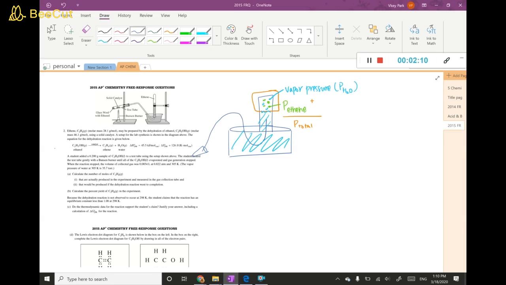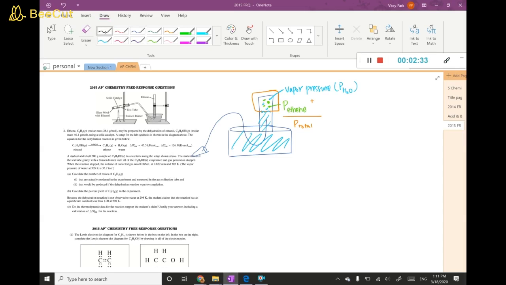The student heated the test tube gently with a Bunsen burner until all of the ethanol evaporated and gas generation stopped. When the reaction stopped, the volume of the collected gas was 0.0854 liters at 0.822 atmospheres and 305 Kelvin. The vapor pressure of water at 305 Kelvin is 35.7 torr. Calculate the number of moles.